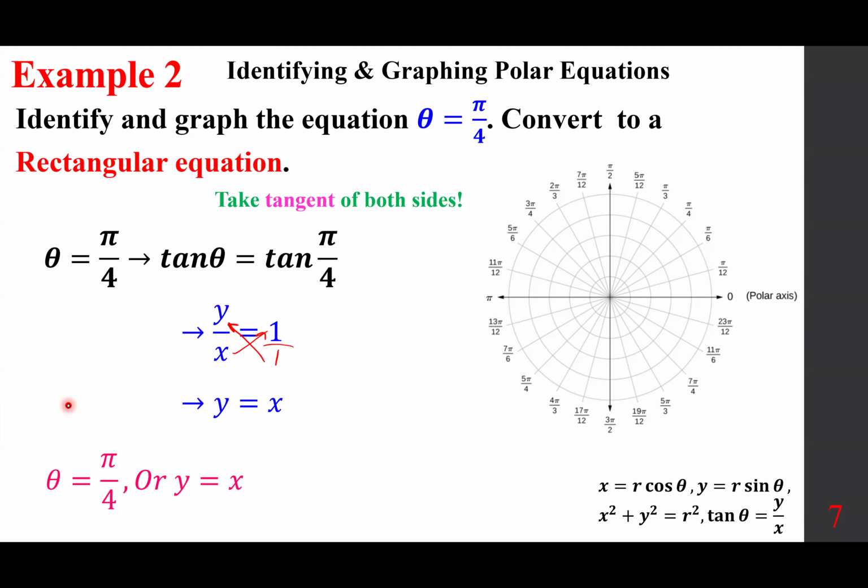And theta equals pi over 4 represents a line through the origin, y equals x. If you look at this, y is the product of tan of theta times x, where tan of theta, when they give you theta, is a number. So that's the line through the origin.